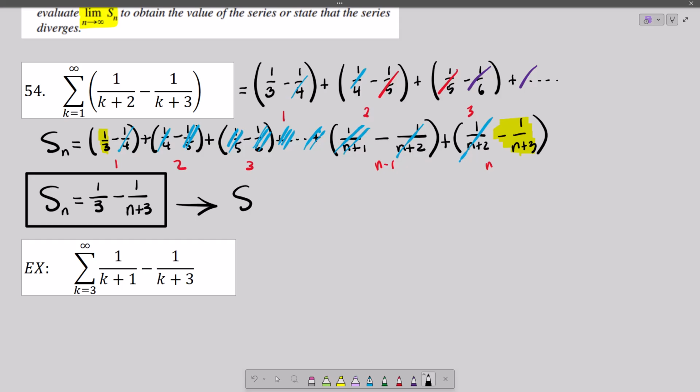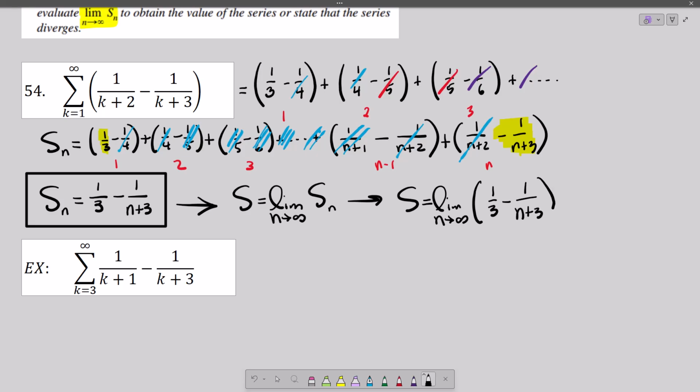So S, if it exists, will be the limit as n goes to infinity of S sub n, which tells us S is going to be the limit as n goes to infinity of 1/3 minus 1 over n plus 3, and that is 1/3, which was what our hunch was originally. So that is the sum of the series.